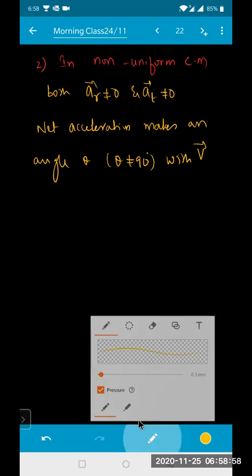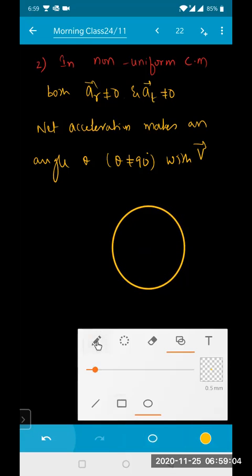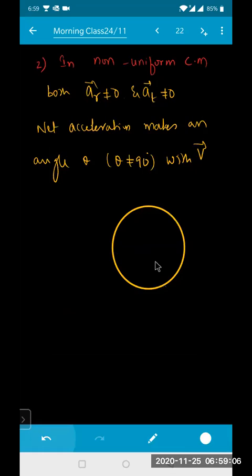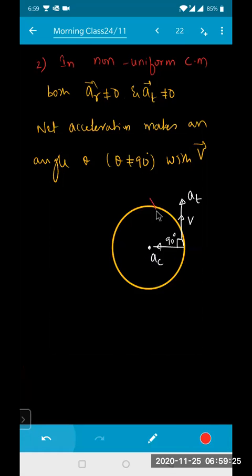So see what happens here. This is your circular path. Now here at the center you have one acceleration known as centripetal acceleration, and in this direction we have the tangential acceleration. Velocity is also in the same direction. The angle between them is right now 90 degrees, but the resultant is making an angle like this.